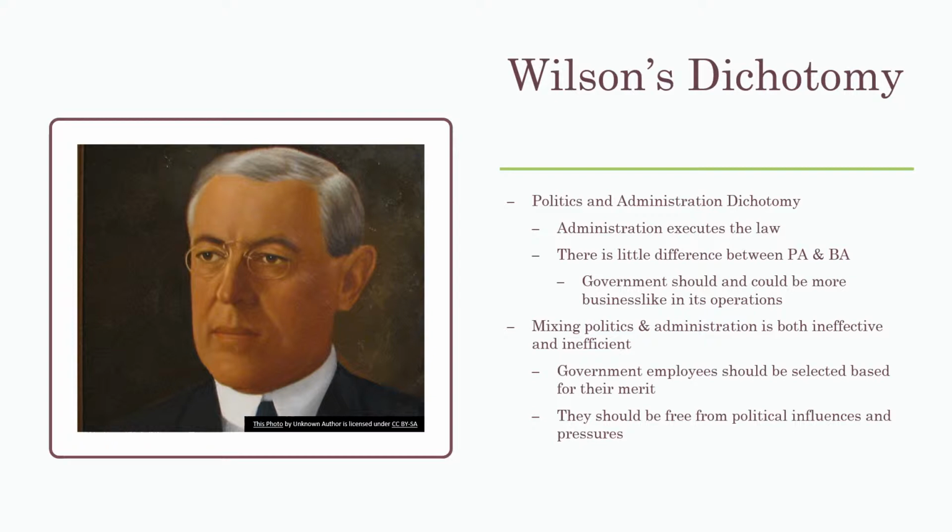PA is a discipline that begins with Wilson in the article The Study of Administration. So basically Wilson on this slide just introduced it, and this was how he wanted the government to be like and how he examined how it should work and how it should function within our systems.